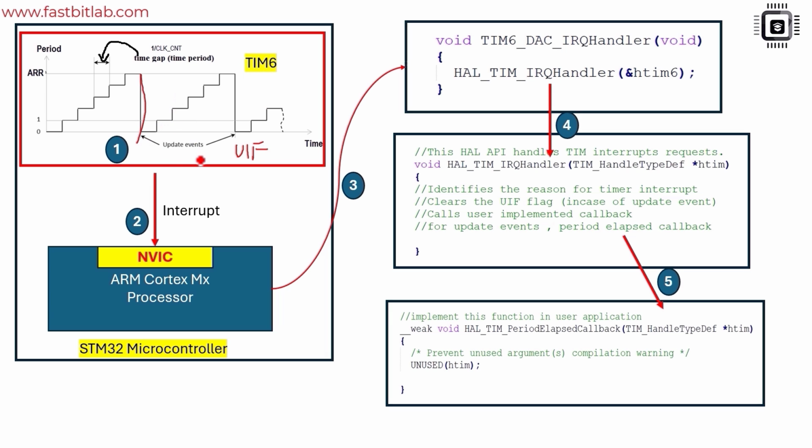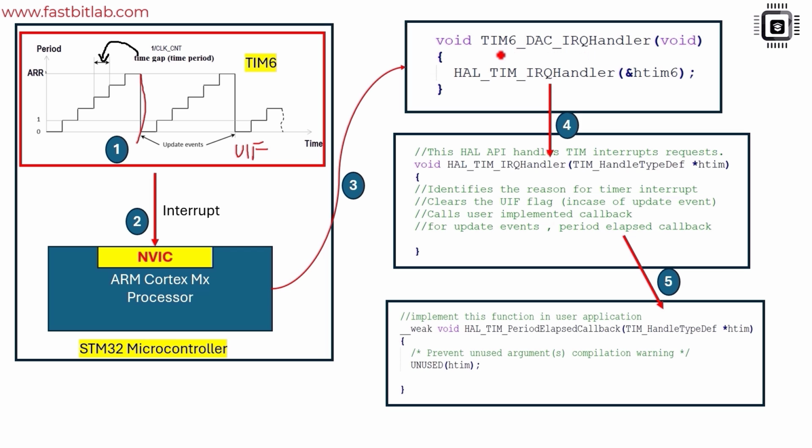Since the interrupt is enabled, the timer peripheral will issue an interrupt to the processor. Here NVIC is one of the blocks of the processor which controls interrupts, so it stands for nested vectored interrupt controller.